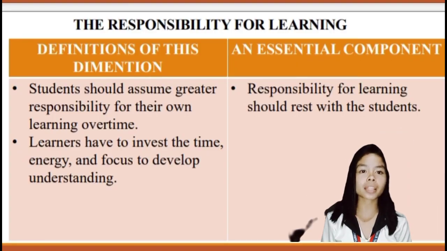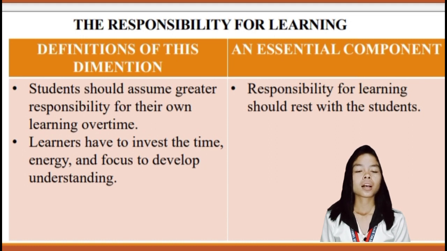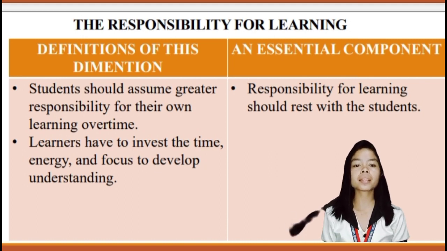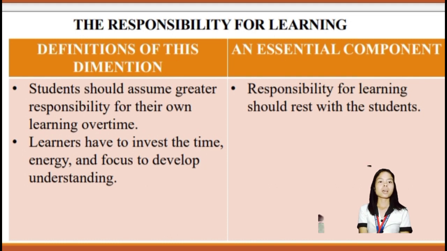The responsibility for learning. The definition of this dimension is students should assume greater responsibility for their own learning over time. This means setting their own learning goals and creating strategies to achieve them.